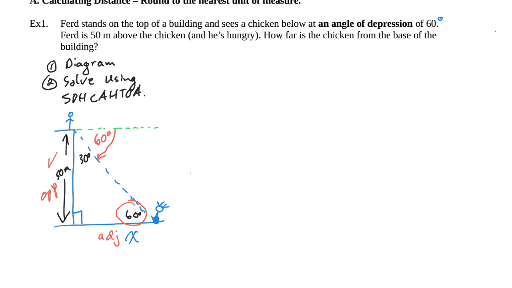SOH CAH TOA tells us that we are going to use tan. So in this case, we're going to go tan of 60 degrees is equal to, well, the opposite over adjacent, which is equal to 50 over, let's call it X. And then we have tan of 60.